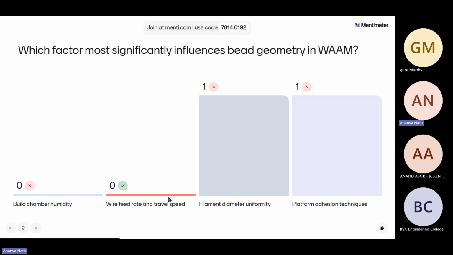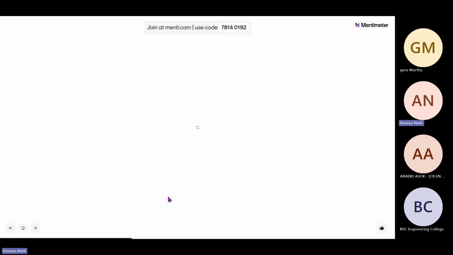Platform adhesion techniques: if your adhesion is not good, then your overall printing is going to be destroyed. It's not related to bead geometry. You will not even get the printing after the whole process. But if the combination of wire feed rate and travel speed is not good, then in some portion you'll get a thick bead and in some portion a thinner bead. So that's the answer. No points. Then comes our sixth question.